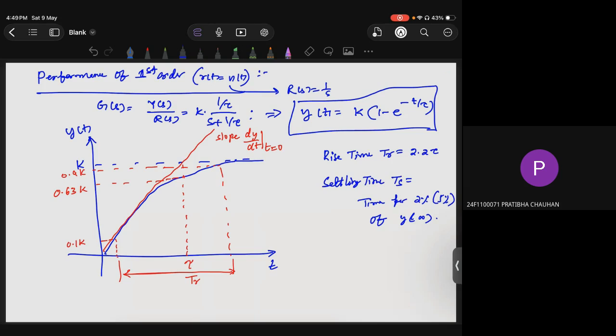That will be 3.9 tau or 3 tau. Whenever the tolerance is 2%, the settling time is 3.9 tau. When it is 5%, it is 3 tau. So that's it for the first order system, finding the rise time as well as the settling time.